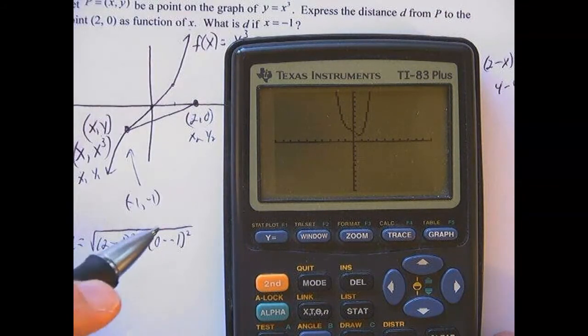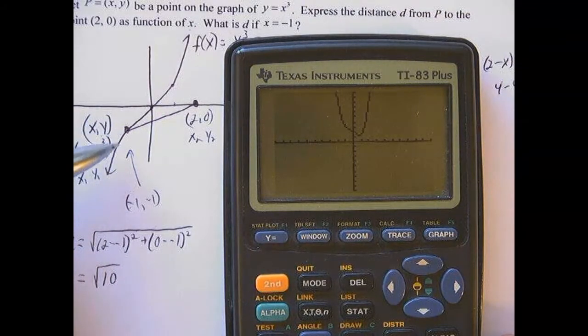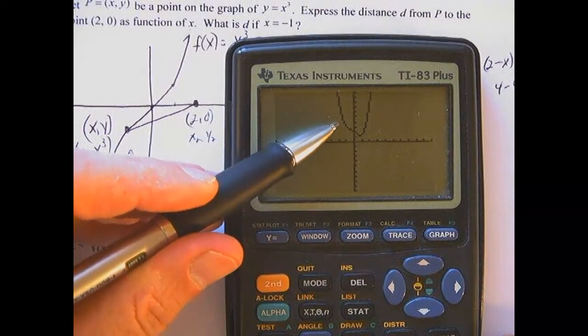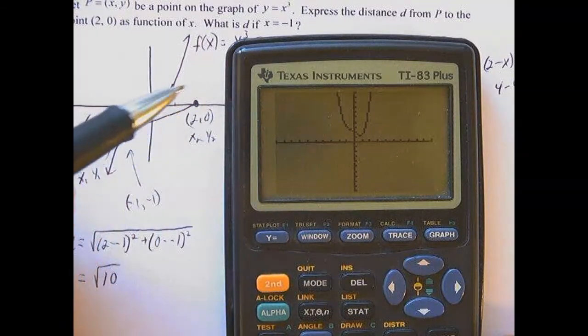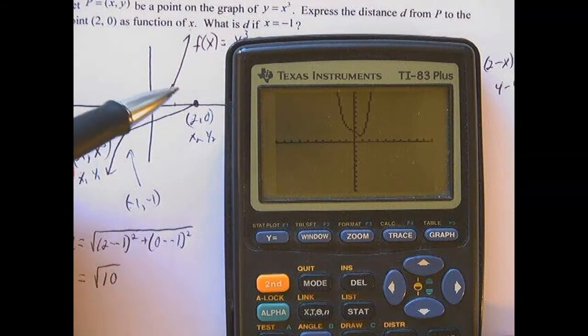So these are just some different ways that this makes sense. You can see what would happen as x gets a little bit bigger in the negatives. It's going to go way up faster, so the distance is going to increase. As you get more negative x's, the distance increases pretty quickly. And the same thing with the positives, right? Once we get past this, right here looks like it might be the closest.